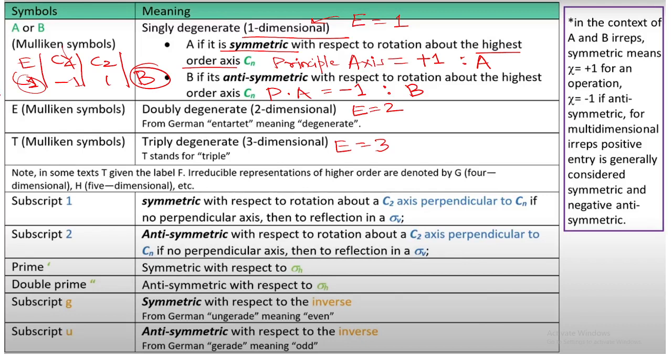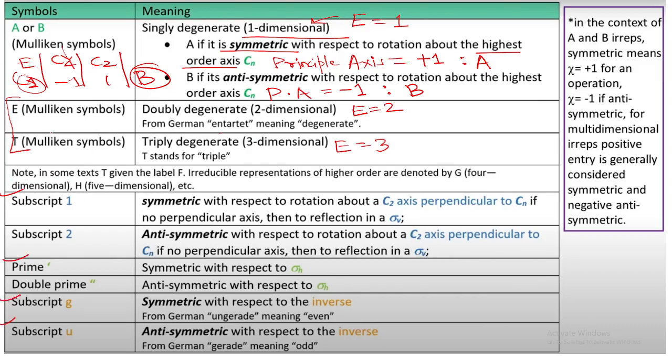This whole thing is step 1. Step 2 is the subscript. These two are for higher orders, 2-dimensional and 3-dimensional. But if it is 1-dimensional only, we go to these parts. We check the C2 axis perpendicular to Cn.